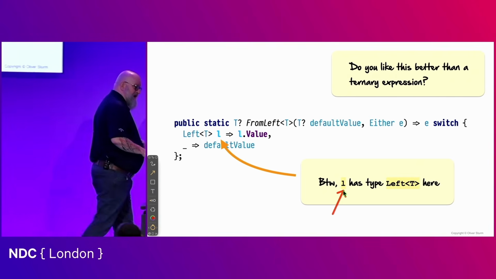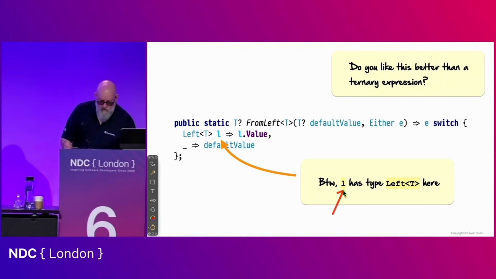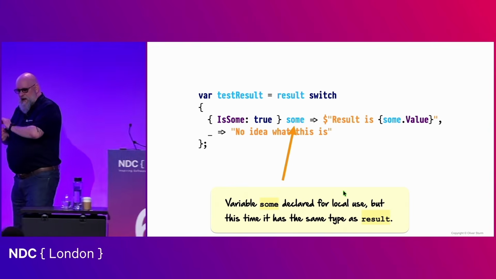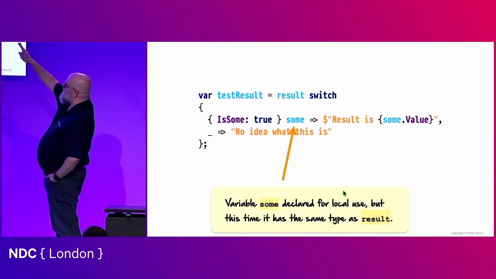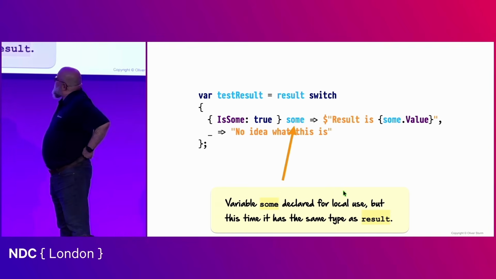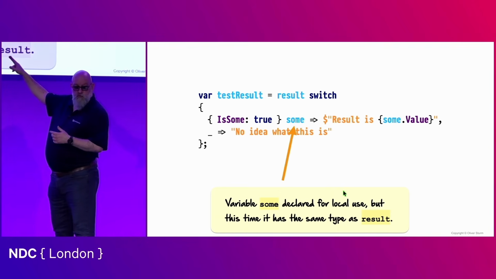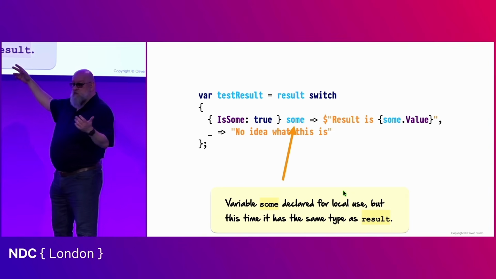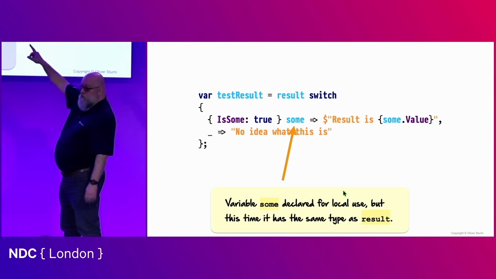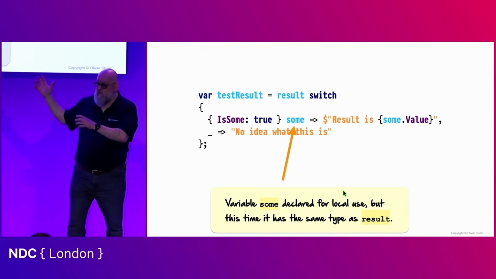It does this automatically. However, if I use a different variation of the same syntax, like in this case, I'm simply testing my result to see if there's a property in it called isSum, and its value is true, and then, maybe just for fun, I'm going to call it sum, and also use it in the expression afterwards. This is all completely valid.